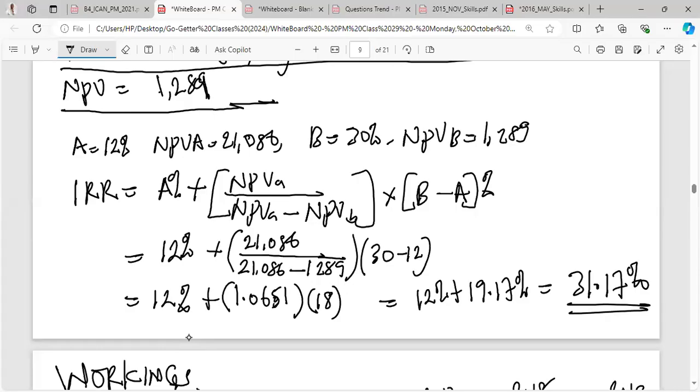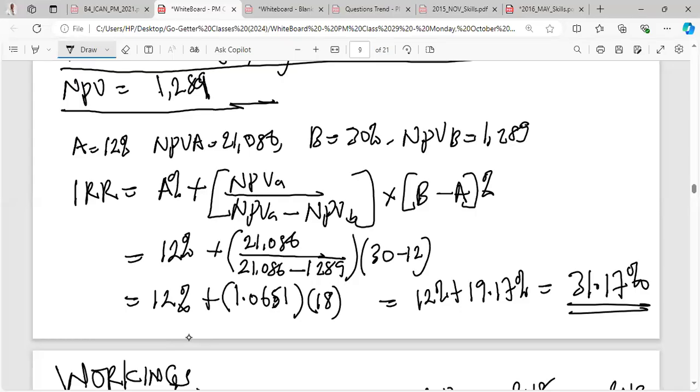Because if you use anything above this 31.17, you are going to get a negative NPV. We said if you want to achieve a negative NPV, increase your percentage. If you want to get a positive NPV, reduce your percentage. So anything below 31.17, you get positive NPV.